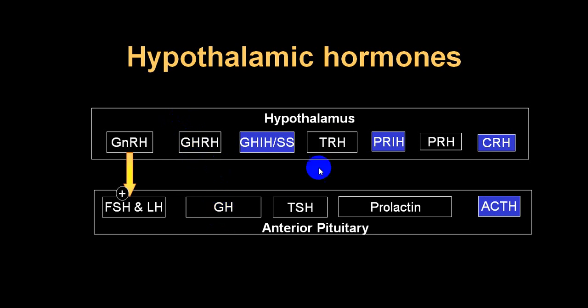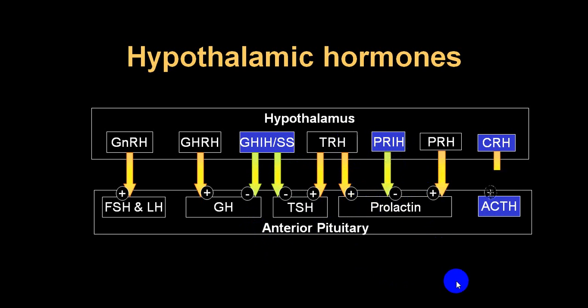TRH will stimulate TSH, PRH will stimulate prolactin, CRH will stimulate ACTH, while somatostatin will inhibit growth hormone as well as TSH, and prolactin inhibiting hormone will inhibit prolactin, while TRH can also stimulate prolactin simultaneously.